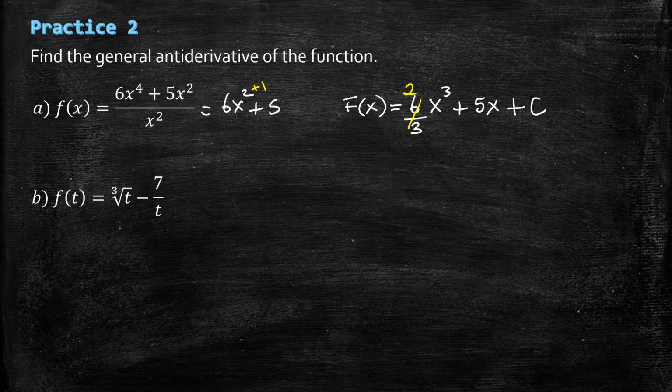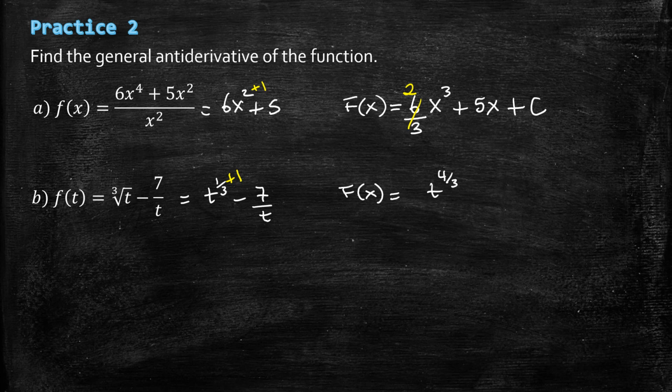Okay, so the next one takes a little tweaking first. So let's first of all realize that this is a power function, t to the 1/3, but do not write this as 7t to the -1 because you might be fooled into thinking you can use that reverse power rule. Once again, we're going to add 1 to the exponent of the power, and 1 plus 1/3 is going to be 4/3.